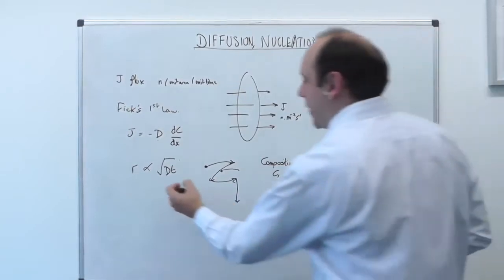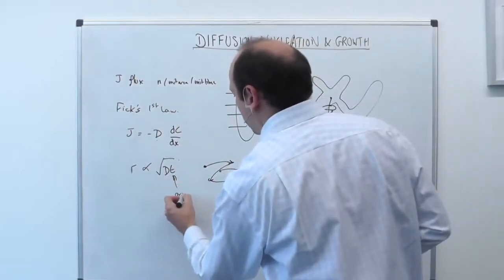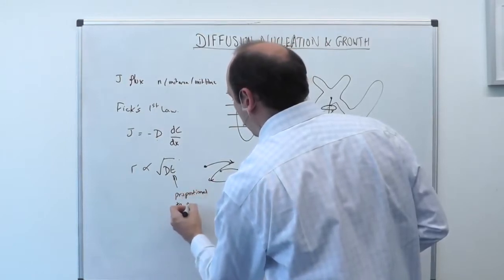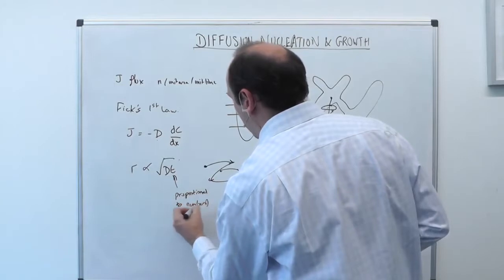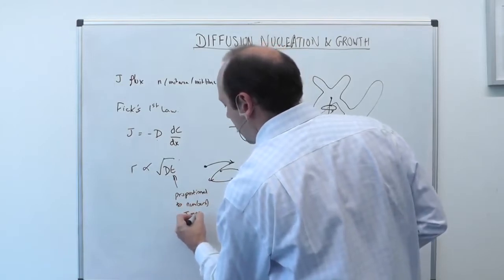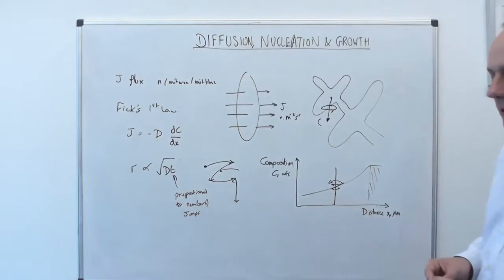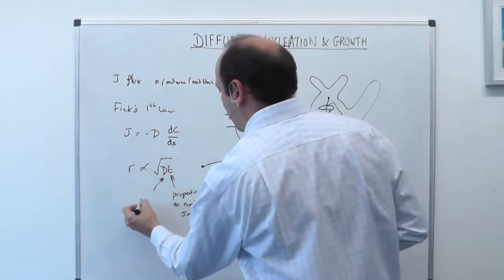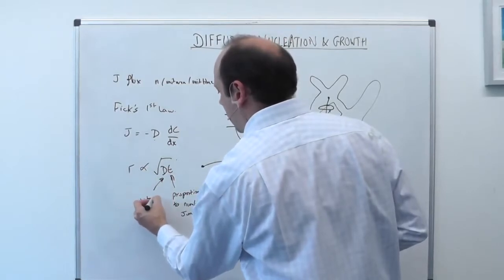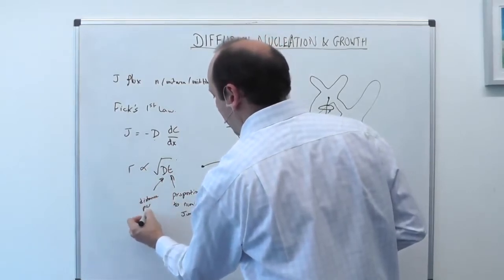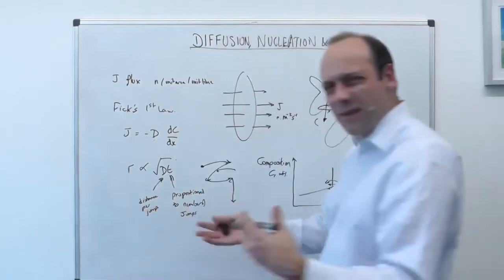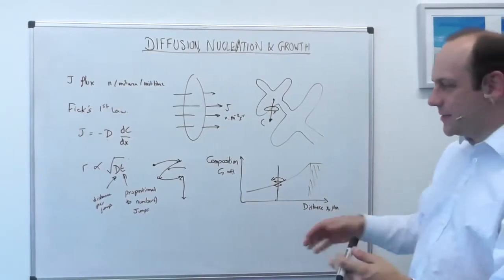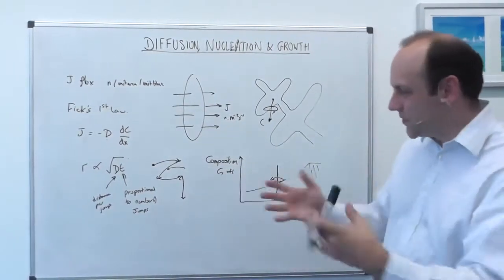So t there is proportional to the number of jumps, so they happen with a frequency. And d is relating to the distance per jump, classically. Although obviously in an atomic lattice that probably isn't quite true, but it's the average distance they move in a jump, or how easy it is, something like that.